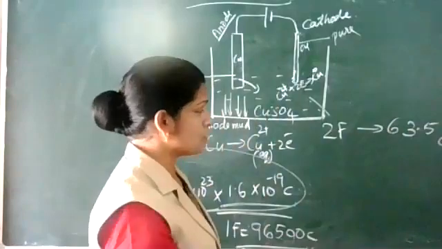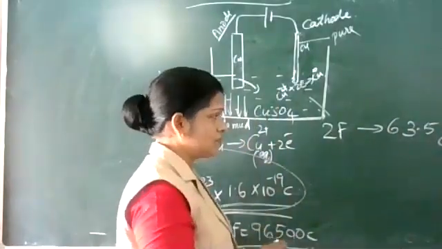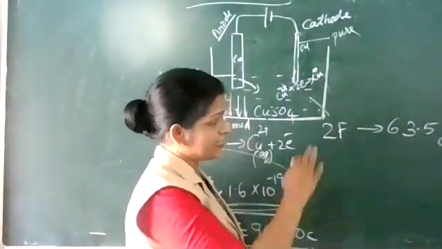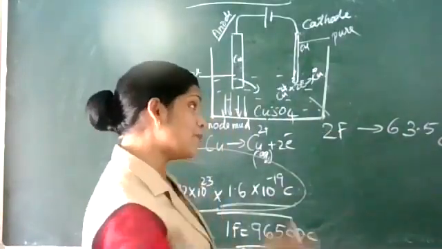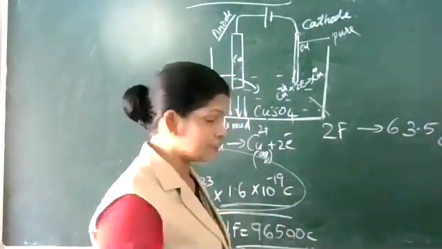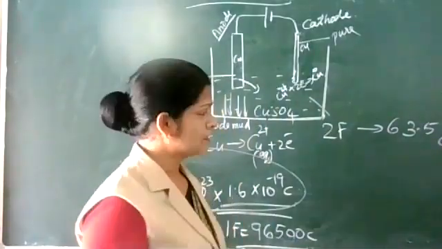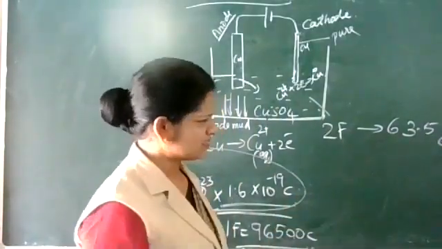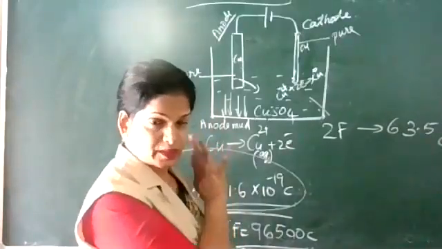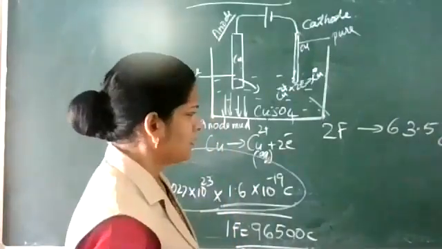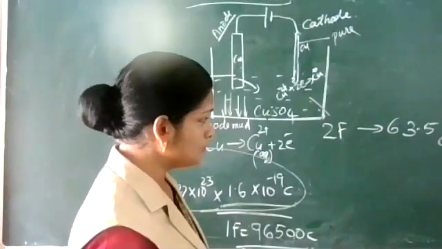This is the relation between the charge, the electricity, and the amount of copper deposited. If you pass 2 Faraday of electricity, you will get 63.5 grams of copper, provided there is enough of the substance in it. This is the relation for copper.